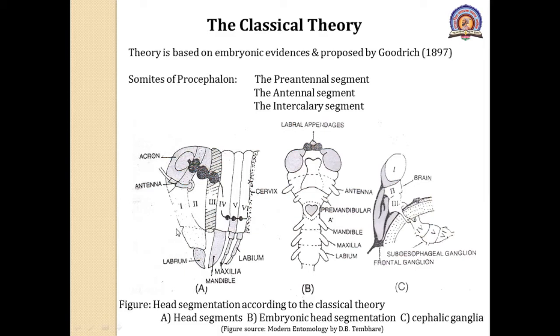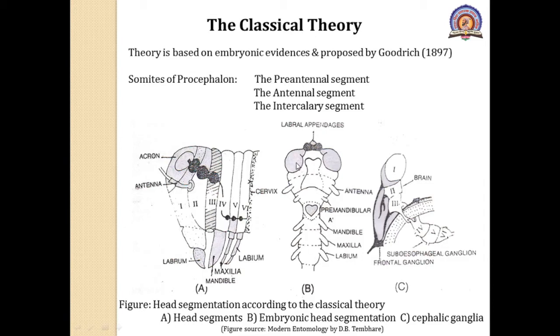The preantennal segment is characterized by containing the protocerebral part of the brain, the first pair of cephalic coelomic sacs and the limb primordia in some insects. Here in this diagram you can see the embryonic head segmentation.